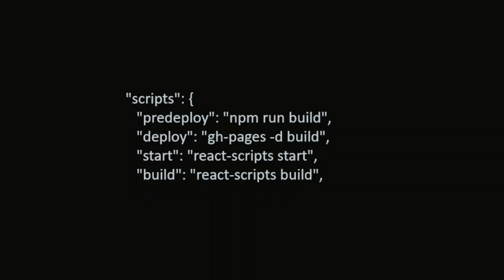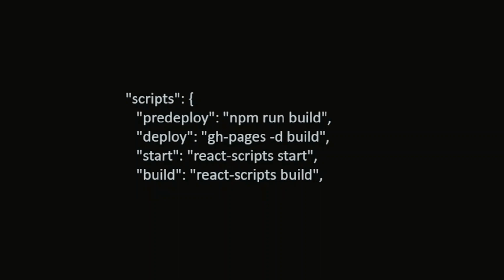Next, below under the scripts, we need to insert these two lines. The first line is the predeploy, and the second line is the deploy. The first one will build the page, while the second one will create a branch named gh-pages. And this will import the build from your local.